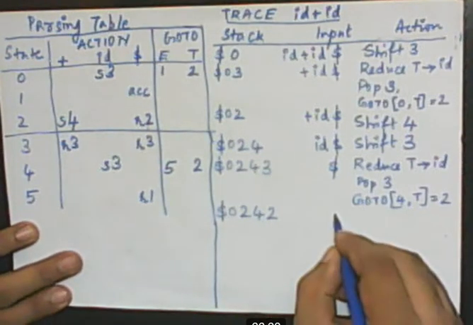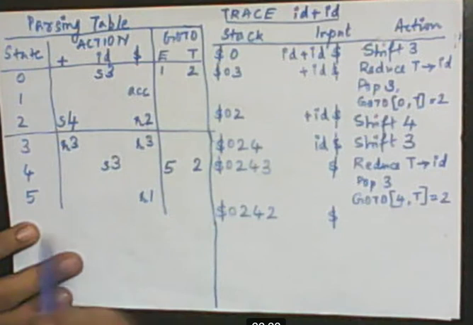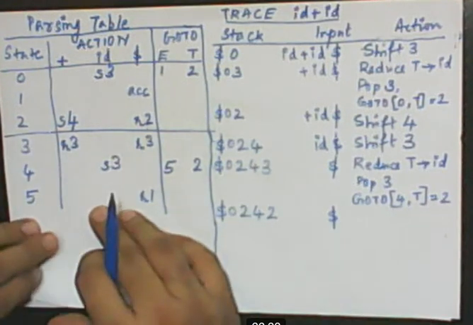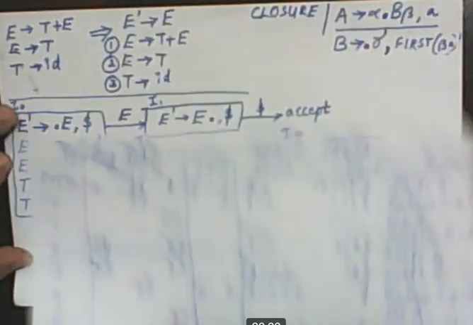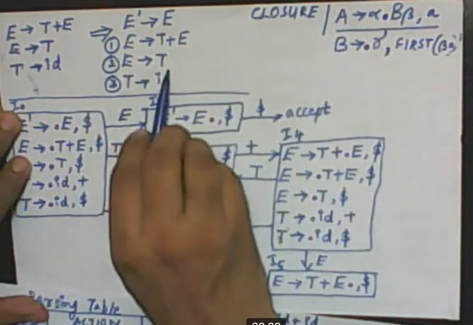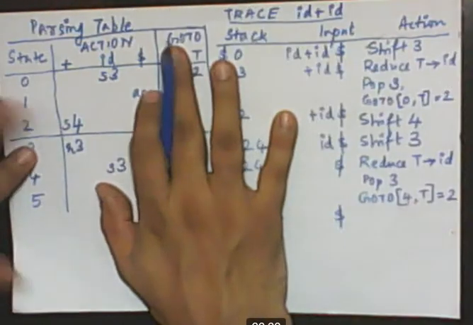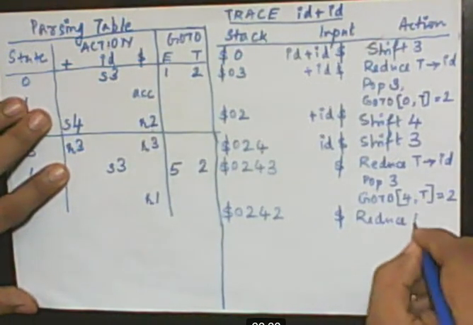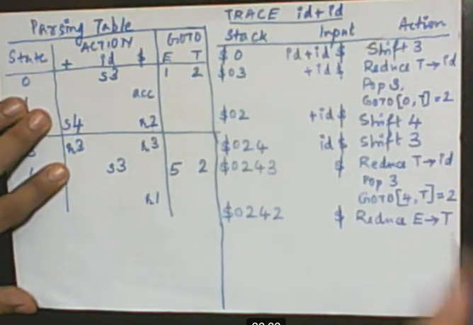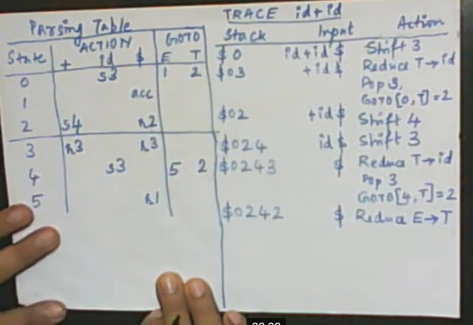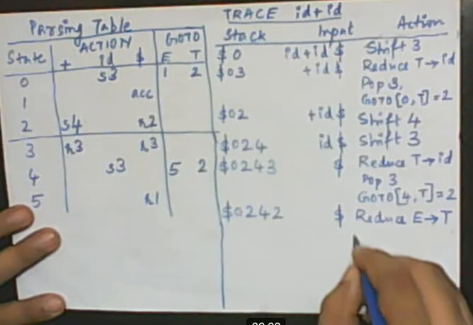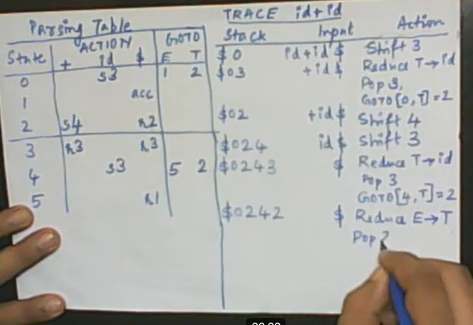Now here it is dollar. So 2 on dollar, it is reducing using the second production, that is E gives T. So reduce E gives T. Since it is one symbol on the right side, 2 will be removed.